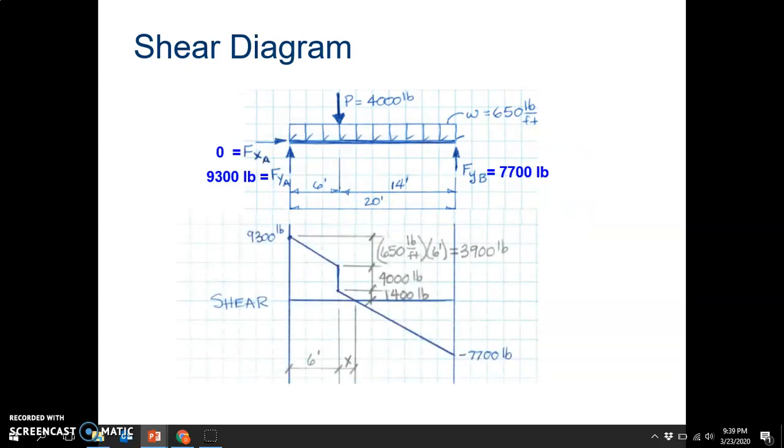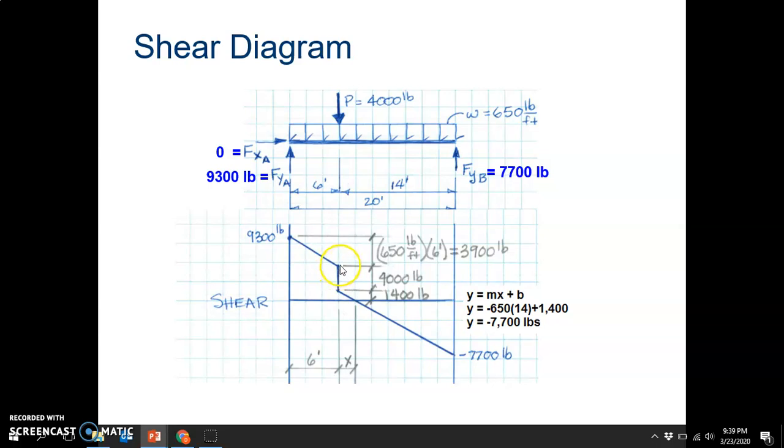Okay, so I go up 9,300. Then I'm dropping down 650 pounds per foot for 6 feet. So if I'm dropping 650 per foot for 6 feet, that gives me 3,900 pounds that I'm dropping down. I guess that would be 5,400 right here.